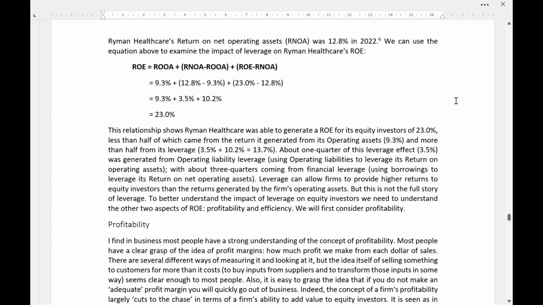Return on equity equals return on operating assets plus, in brackets, return on net operating assets minus return on operating assets, plus, in brackets, return on equity minus return on net operating assets, which equals 9.3% plus, in brackets, 12.8% minus 9.3%, plus, in brackets, 23.0% minus 12.8%, which equals 9.3% plus 3.5% plus 10.2%, which equals 23.0%.